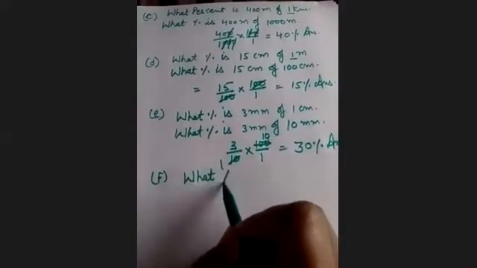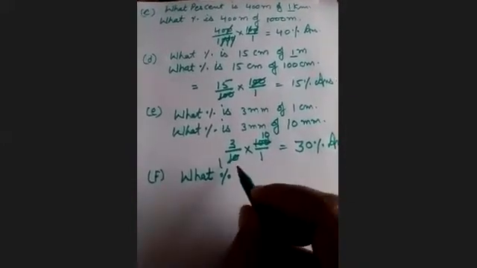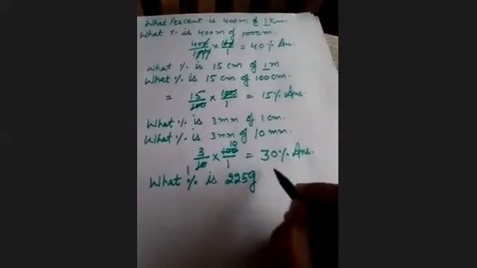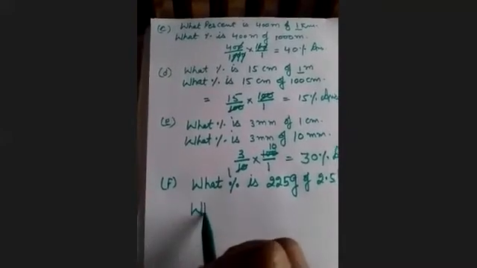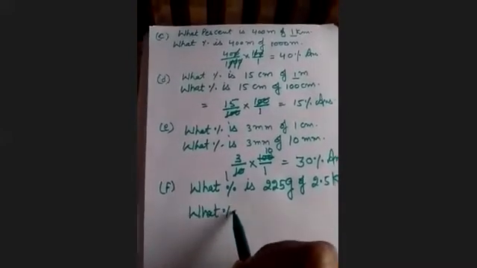What percent is 225 grams of 2.5 kg? First we'll write as what percent is 225 grams of 2.5 kg.